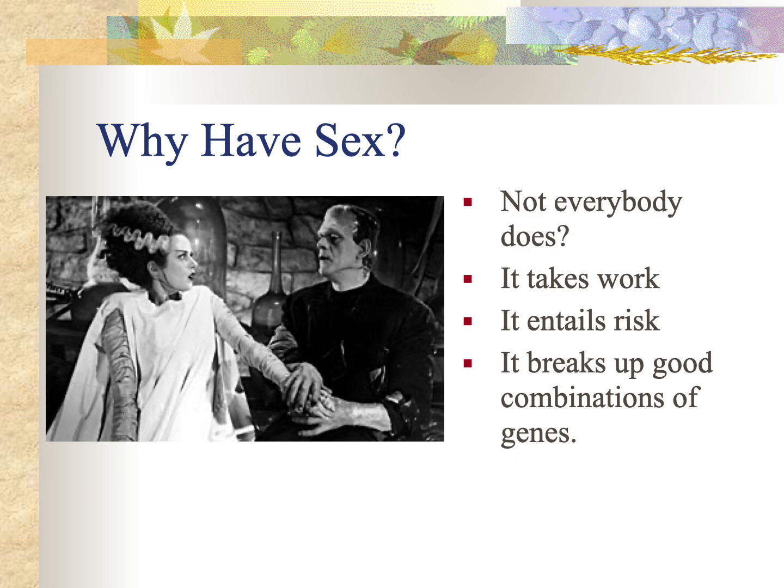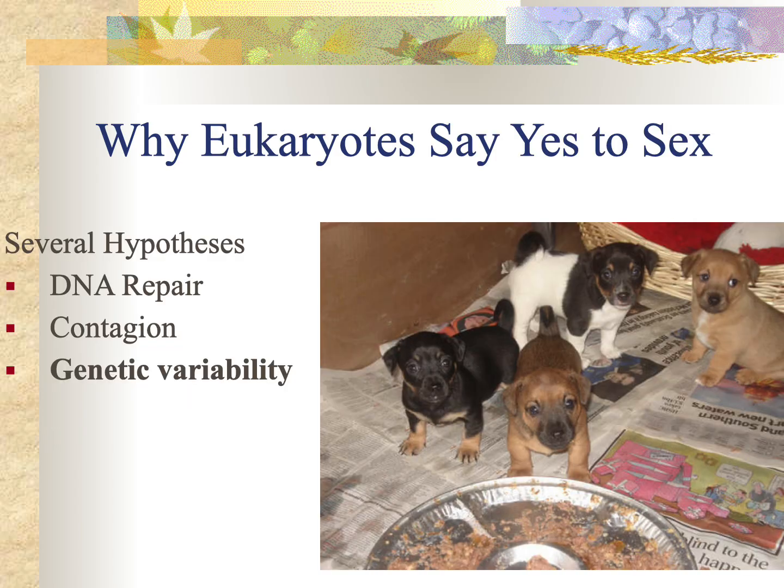And if you have a good genome, it makes kind of a sense. Like, why would I mix my genes with someone else's genes to produce offspring? It's kind of risky. It might break up good combinations of genes. And so, like here we have a couple, and she's looking at him and thinking, are his genes worth this? Is it worth doing this? And the answer is we think so.